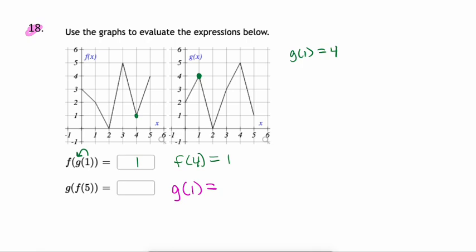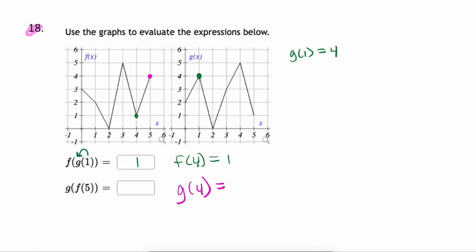Yeah, I totally was not going to the right function. Let's start again. I'm starting on the f function, which is over here. I'm going to an x value of 5, and I'm actually at 4. Thank you so much. You guys were looking at me like I was crazy, which I was.